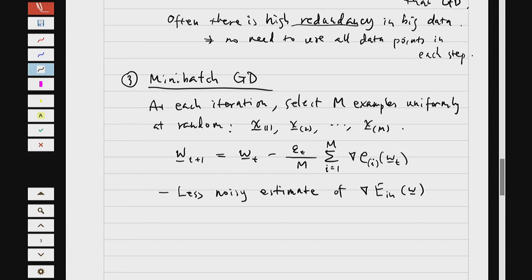In probability, if you remember, the variance decreases inversely proportional to m. You learn about it in the last 2 weeks of the EC 302 course, when you have a sequence of random variables. The variance of this average goes down inversely proportional to m.